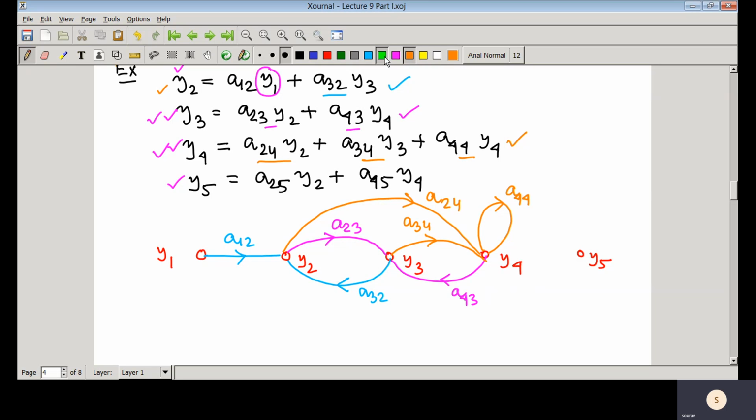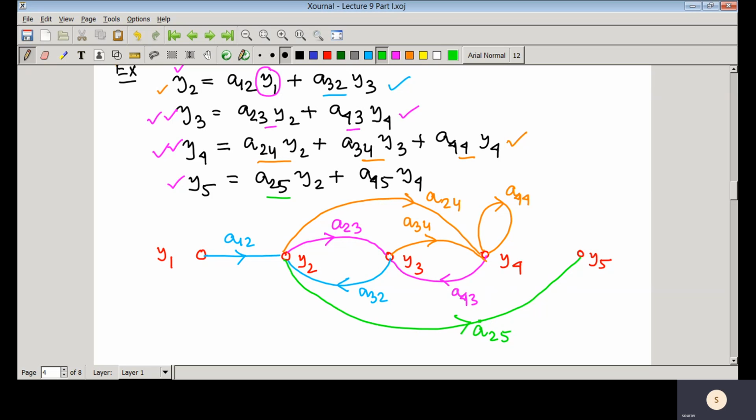And the last one is Y5. So Y5 equal to A25 into Y2. A25 into Y2 means there would be a branch, signal flowing along that direction. So do not forget to give that arrow direction, because it indicates from which node to which node the signal is flowing.